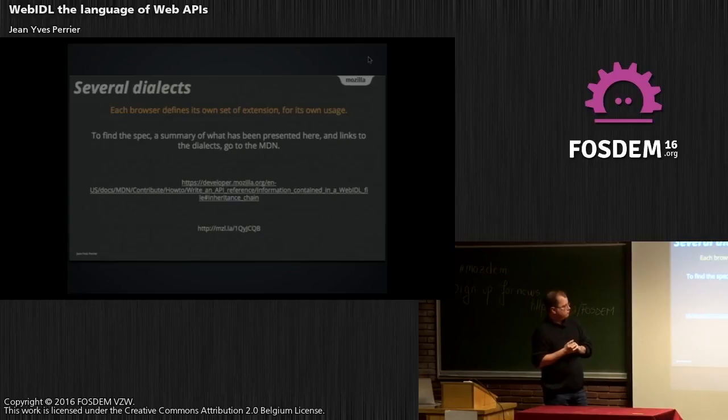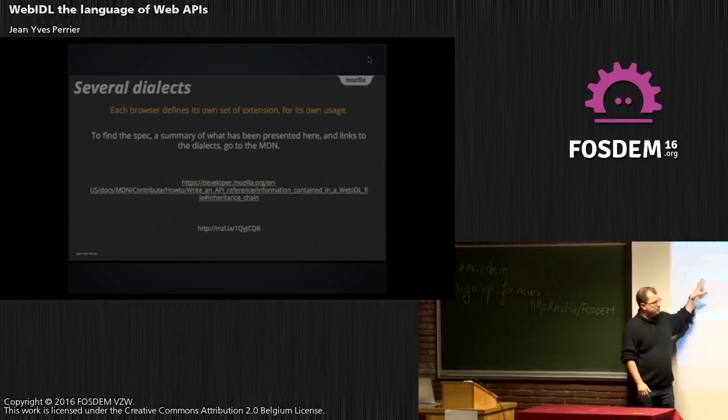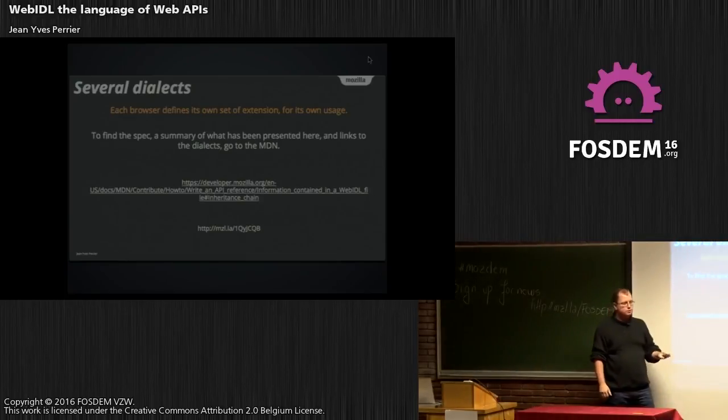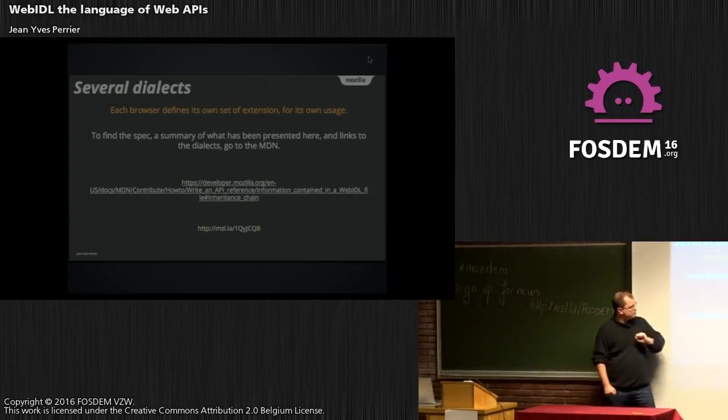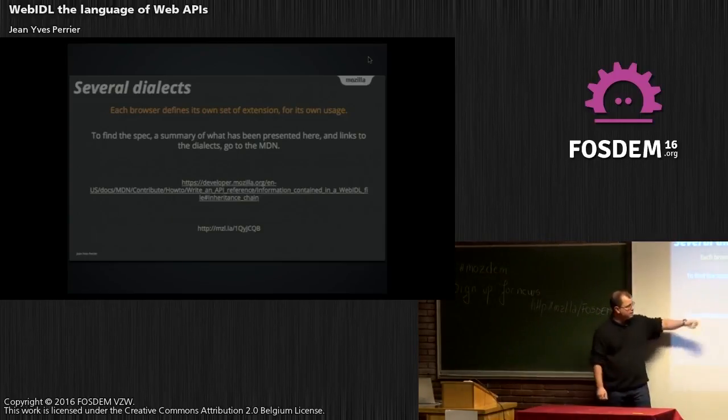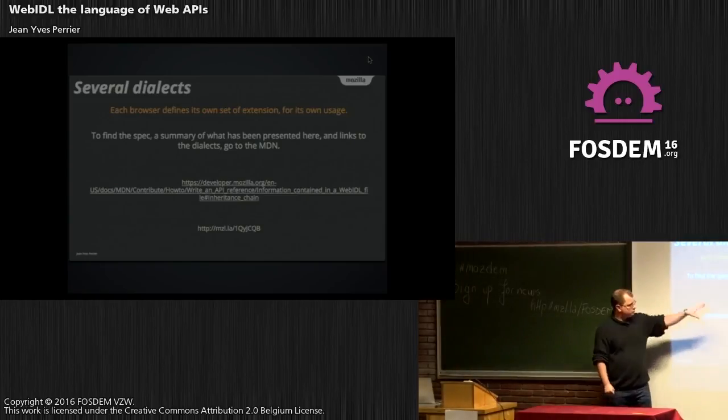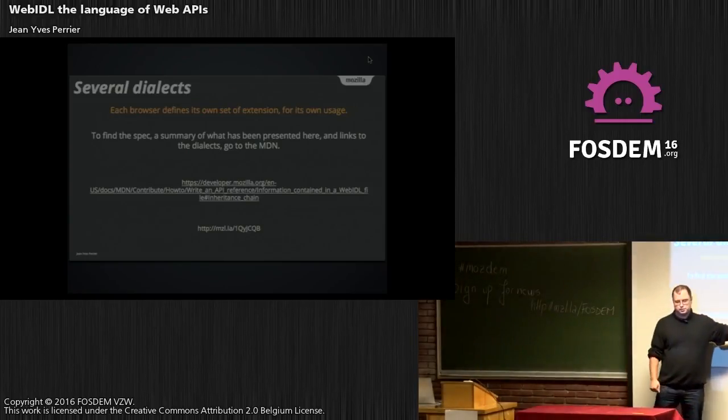And if you want to go further, in more detail, there is a spec which is quite easy to read. There are also a few other documents. Each vendor has created one for the special version of the WebIDL that they are using. They are all listed at this URL, but the URL is so long that I have shortened it here.